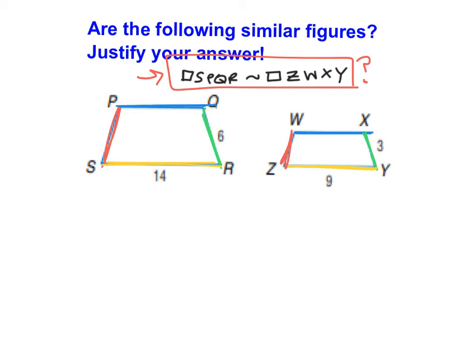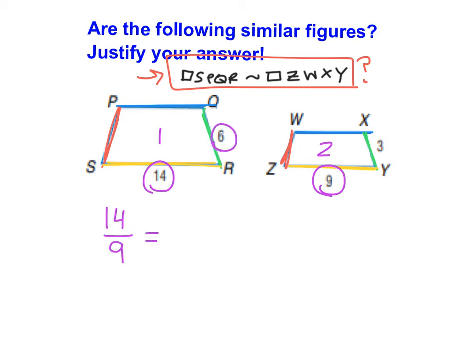And as a result of that, what I need to check is to see if those corresponding side lengths have similar ratios, and they have ratios that simplify down to the exact same number. So here, remember this is quadrilateral 1 and this is quadrilateral 2. I'm going to make two ratios. So I can see I have 14 over 9 as one ratio, and I need to determine what that equals.